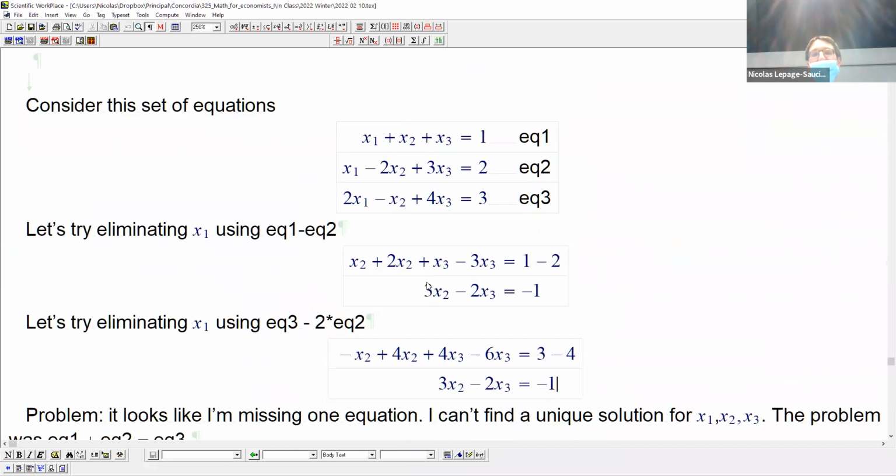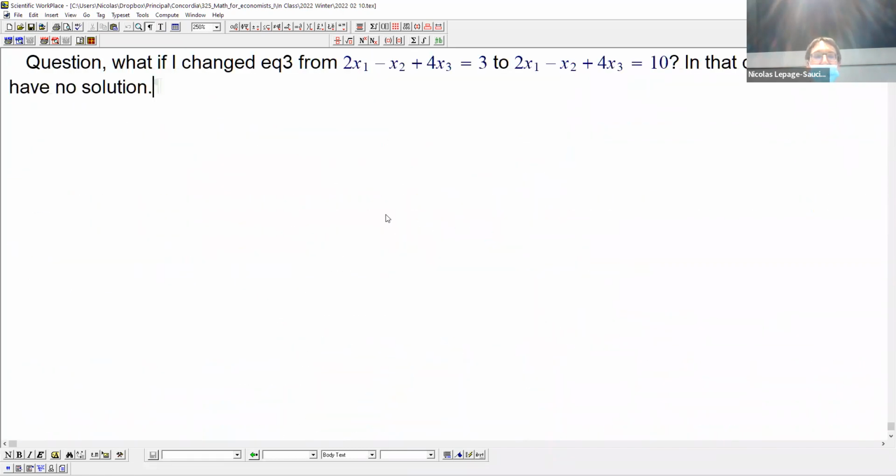And how do we describe what it means to be independent? Well, what I must have is that no one equation can be reproduced or recovered from any of the other equations. So this is the concept of linear independence.